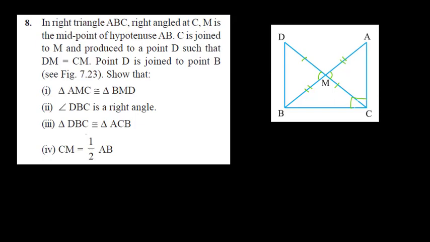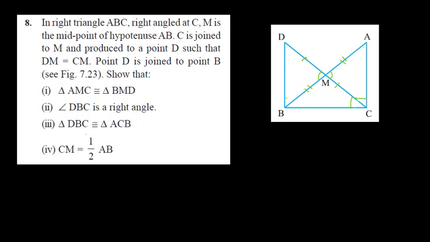Once you prove these two triangles congruent, then this angle and this angle are equal, and by alternate angle theorem you can say that DB and AC are parallel. Now as these two lines are parallel, their interior angles will be supplementary. So DBC plus ACB is 180 degree. Now it is given that ACB is 90 degree, so DBC will also become 90 degree. So this second part we will prove.